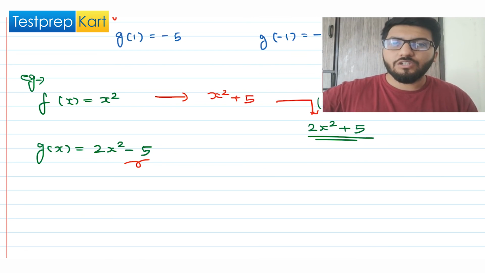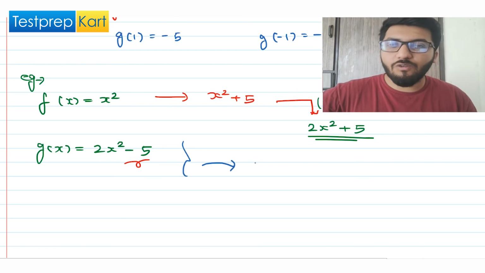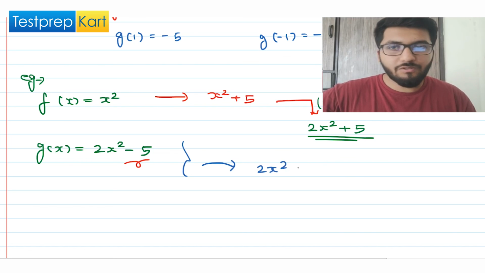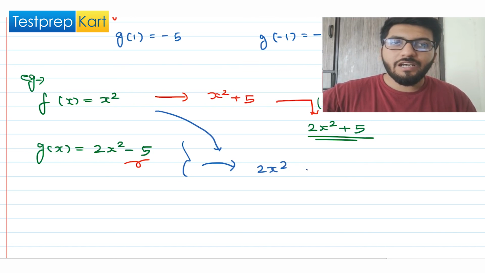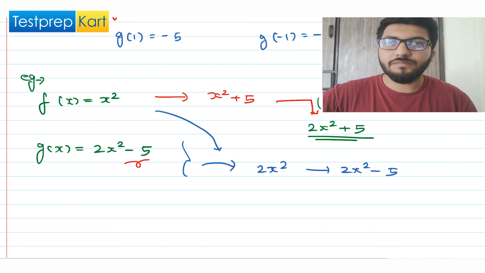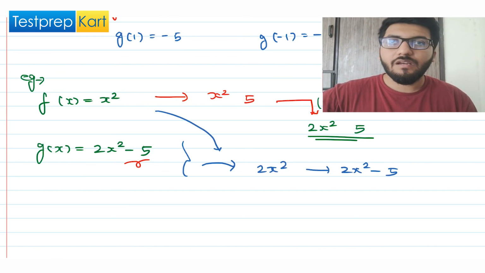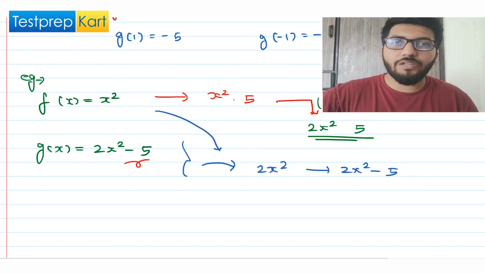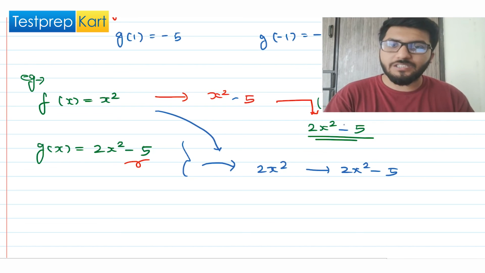So what I will suggest is to first multiply x square with 2, and then subtract 5. Just a second, it is not plus 5, it is minus 5. With question practice only, you will get how the translation is working. But it doesn't matter in which way you are proceeding with the transformations.